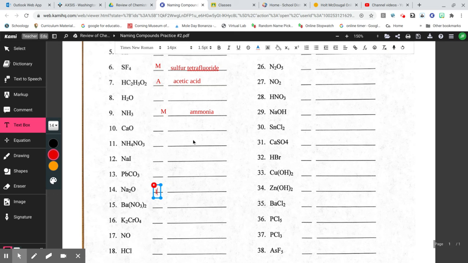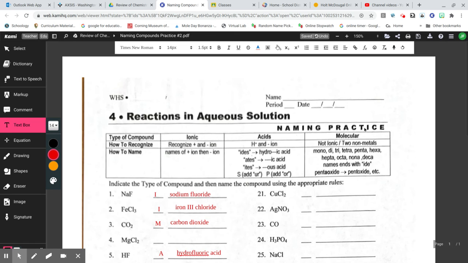So we'll go ionic. And so we're going to say sodium oxide. Okay, so remember, when we cross and drop, sodium has a +1 charge, oxygen has a -2 charge, so that's why it's Na2O. And I'm not putting any di's in here or anything like that because it's not molecular, okay?